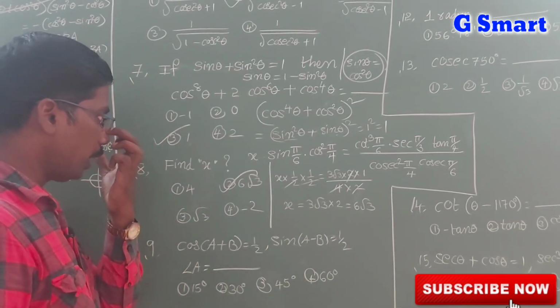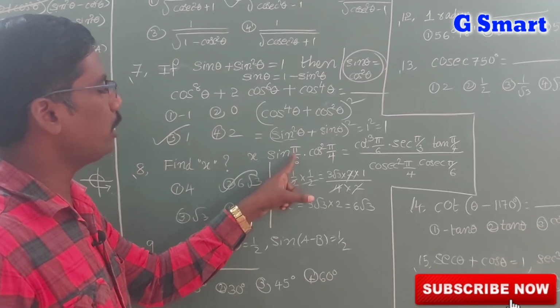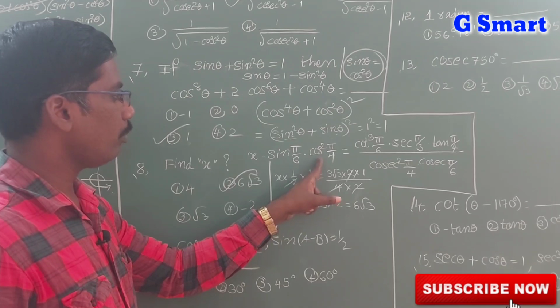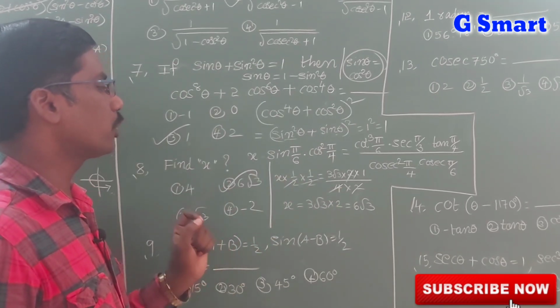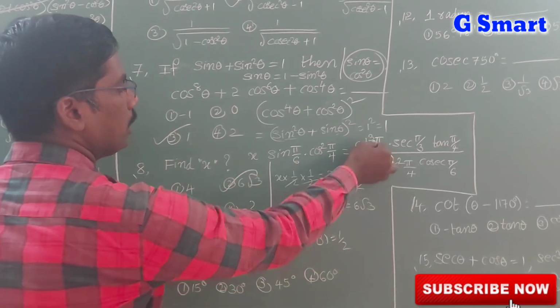So once again we will check. See, 180 means 6 times 30, sin 30 is 1 by 2. Cos square 45 means 1 by root 2 whole square means 1 by 2, and this is 3 root 3.